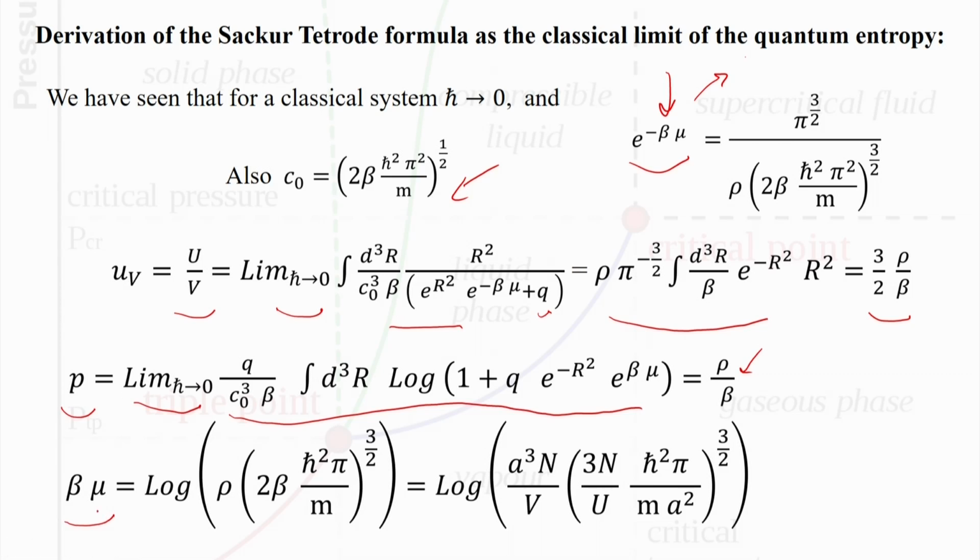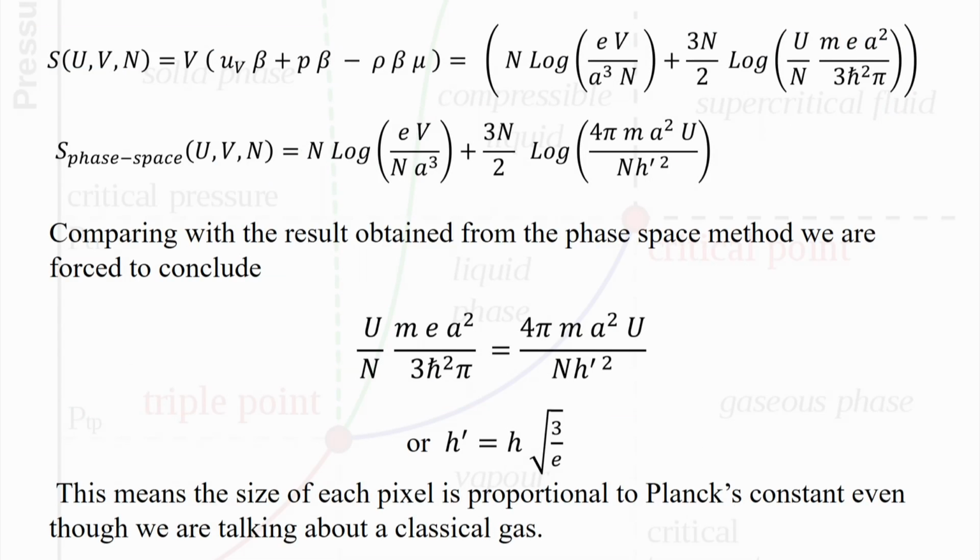So, we end up with this expression for beta mu in the classical limit, and it is just obtained by taking the logarithm on both sides of this expression. This was a choice we made in order to recover the classical limit. Alright, now let me substitute all these expressions into the entropy function.